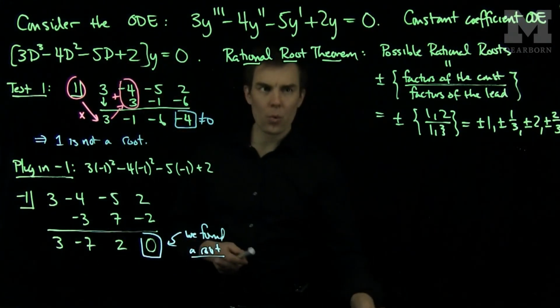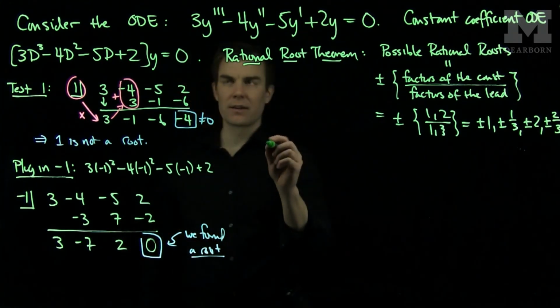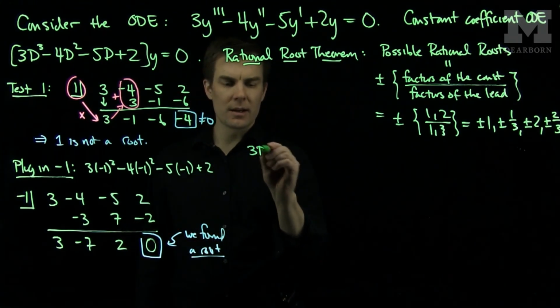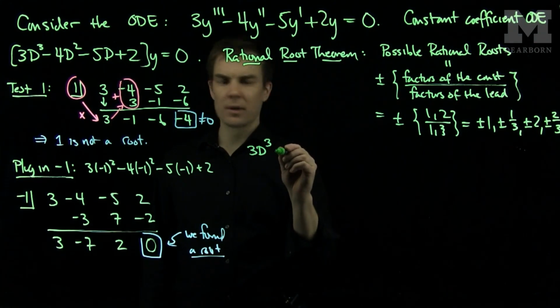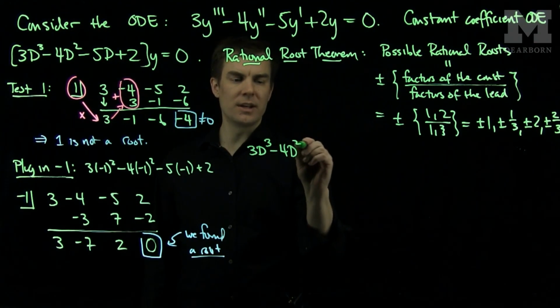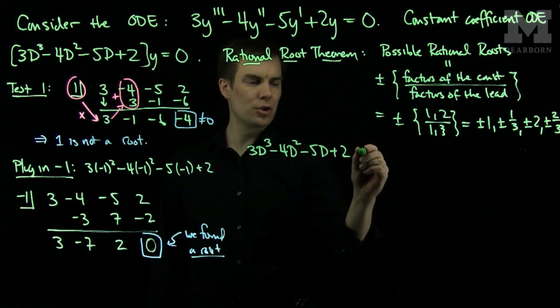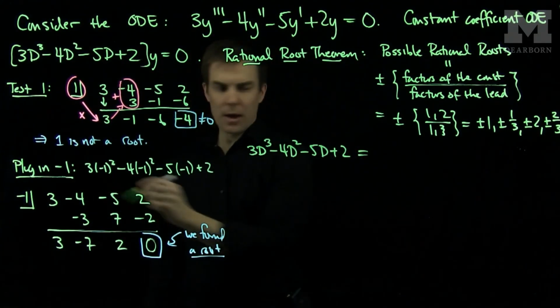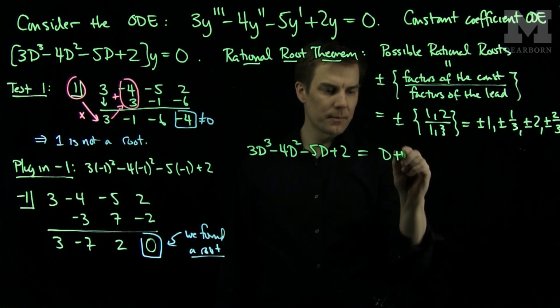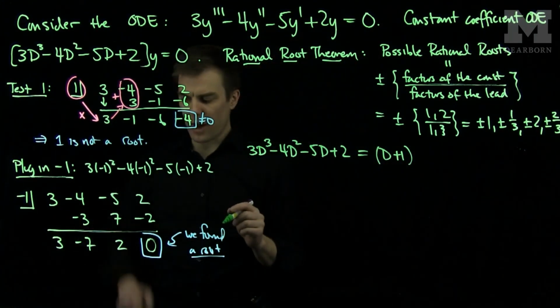So we can conclude from this testing that 3D^3 - 4D^2 - 5D + 2 can be factored. I can pull out a D + 1. That is the root I found.